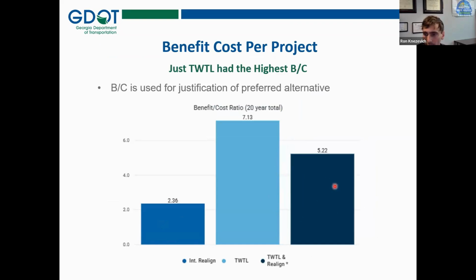So that intersection realignment wasn't adding enough benefit to compensate for its costs, leaving that two-way left turn lane alone to have the highest BC, and allowing us to leverage this for that design variance rather than the vague and somewhat subjective analysis that was done previously.